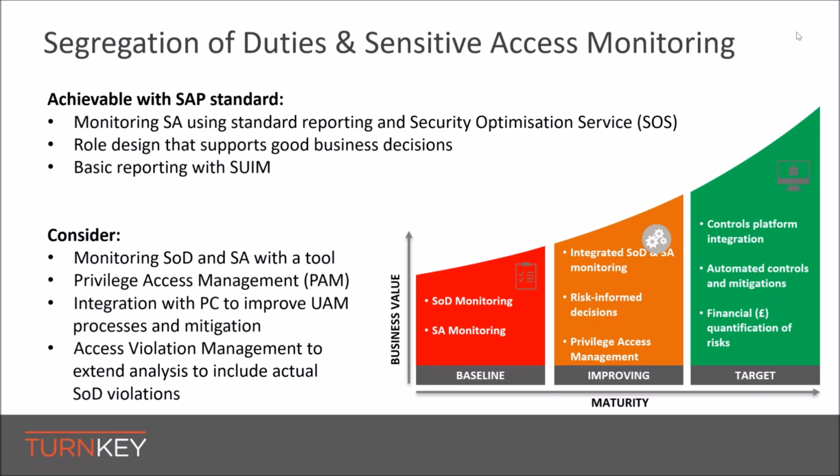What you should do in terms of moving beyond that and improving, you should be considering a tool, as I said, to monitor segregation of duties and sensitive access. Customers with Sarbanes-Oxley regulatory requirements, if they're listed to the SEC in the US, for example, really can't get away without having this technology in place. We also need to think about managing privilege, so that management of privileged access, top to bottom as well, as I said.